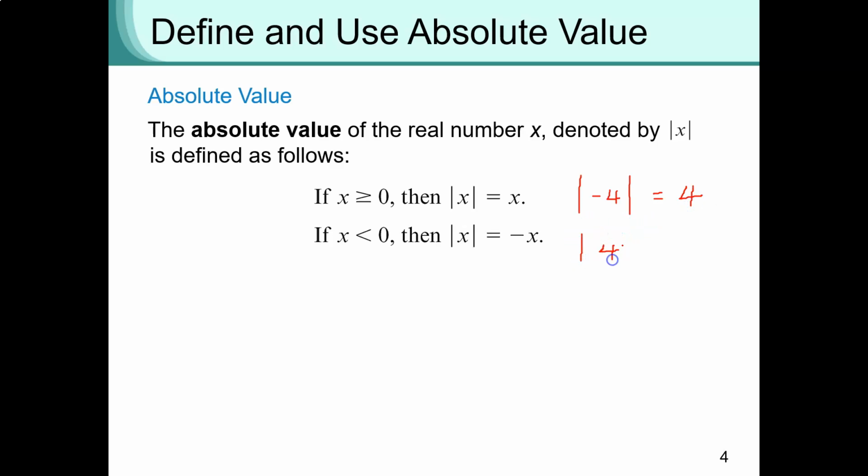When I have a positive 4 inside of the absolute value, when I remove the bar, it turns to the 4. So that means you will have two possibilities. There are two conditions inside of the two bars of the absolute value equation. One is positive, the other one is negative. And when the bars get removed, both of them turn to a positive number.